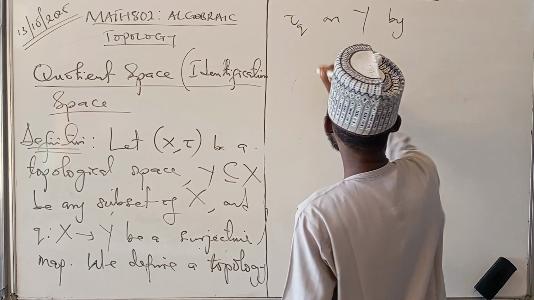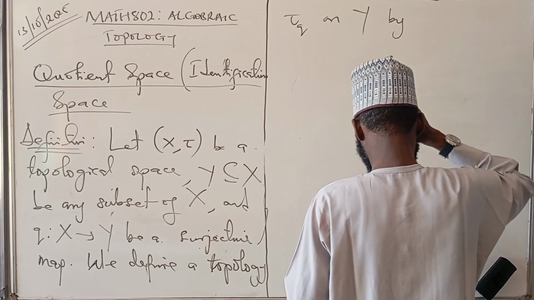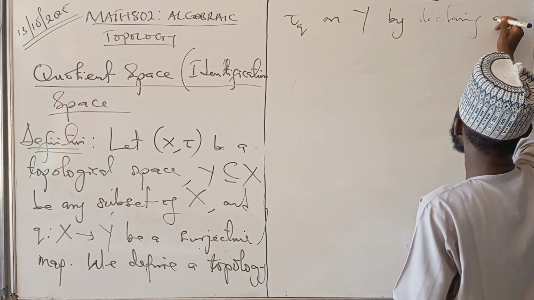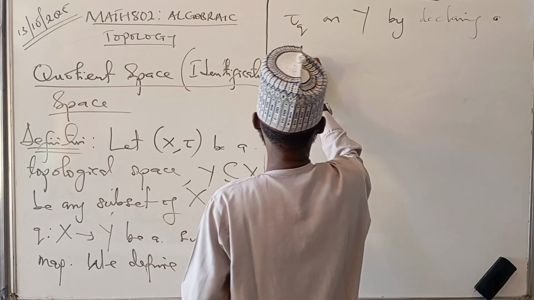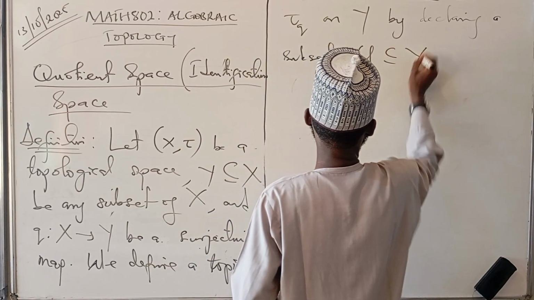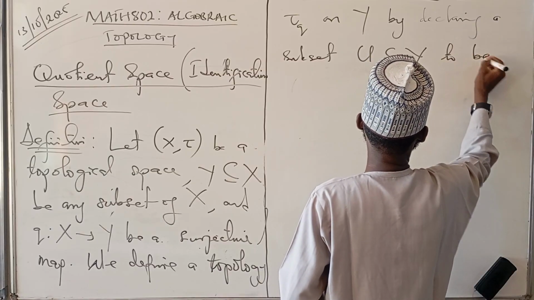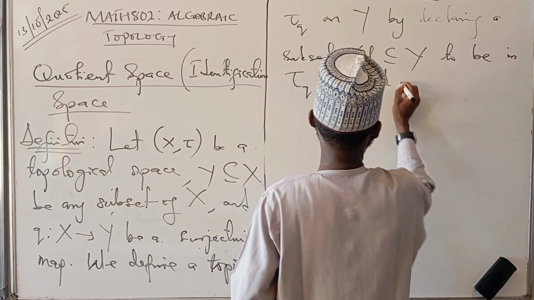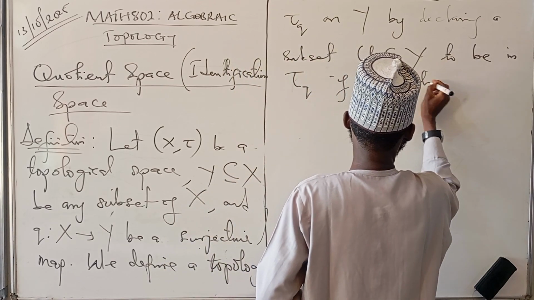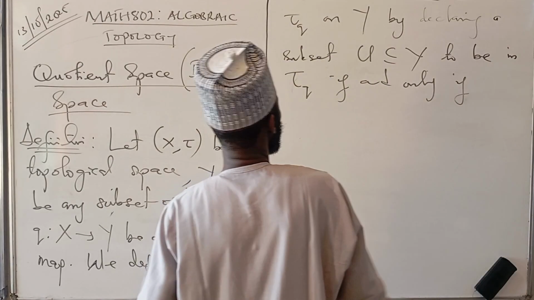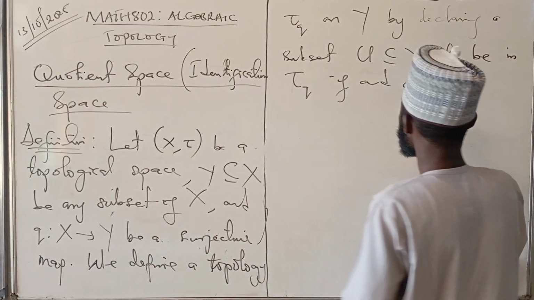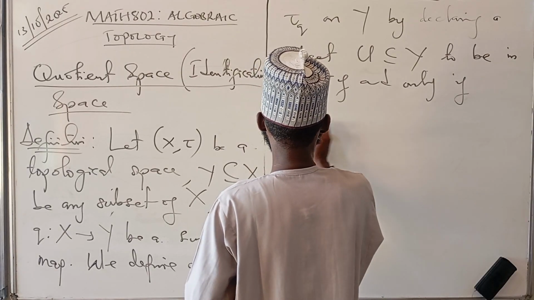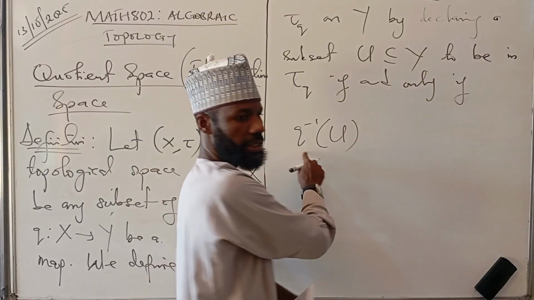So by a subset, we declare a subset U of Y to be in tau Q if and only if Q inverse of U. What is this?